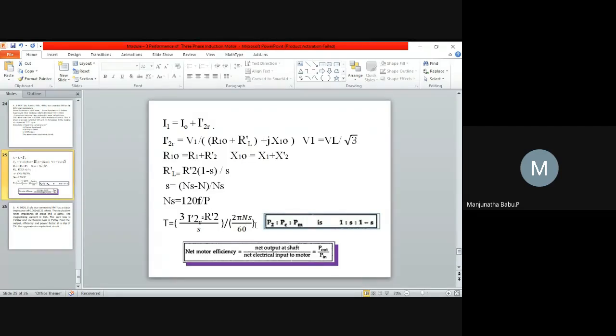Next, what is omega s? Omega s is equal to 2 pi Ns by 60, which is 78.5. Now divide these two values: 36.23 divided by 78.5.